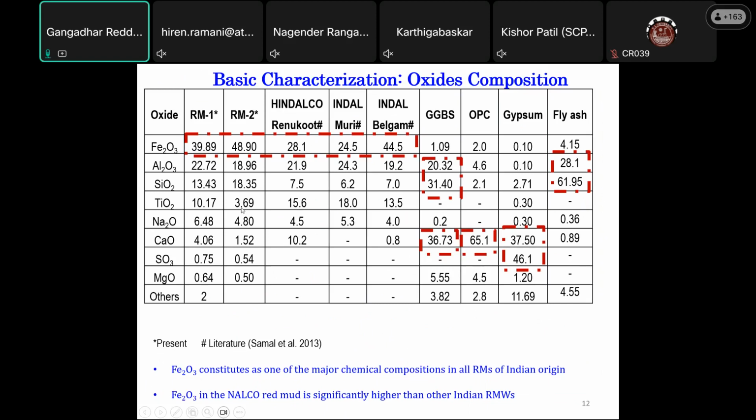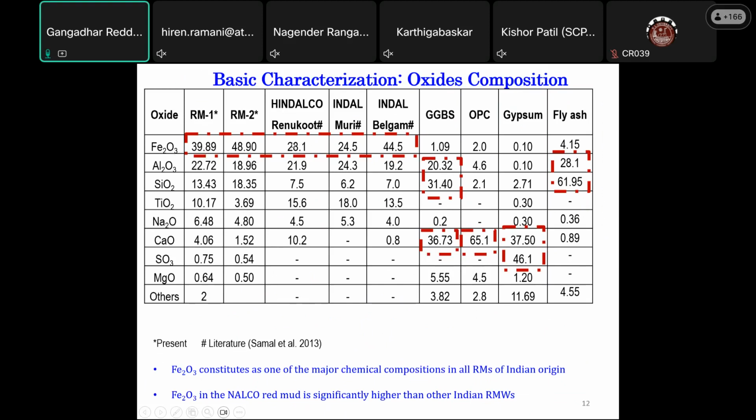That's how we classify whether it is a class F fly ash or class C fly ash, based on the chemical composition. You can see pozzolanic materials have a high amount of calcium oxide, followed by silica and aluminum, whereas red mud has a high amount of Fe2O3.